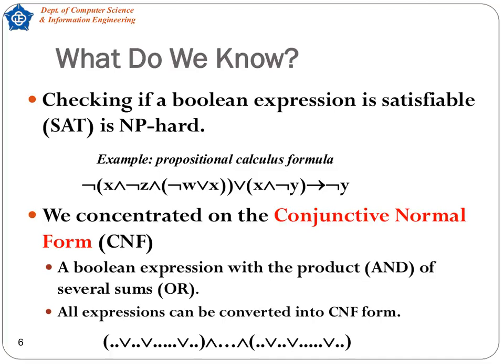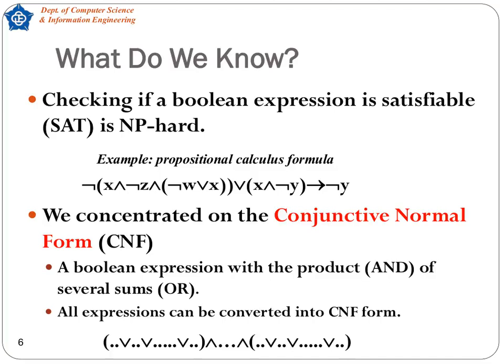Now, let's recap what we know so far. First, determining whether a Boolean expression is satisfiable, that is, whether there's some assignment of true or false values that makes the formula true, is an NP-hard problem. We often deal with propositional formulas built from negations, conjunctions, and disjunctions, which can get quite complex.